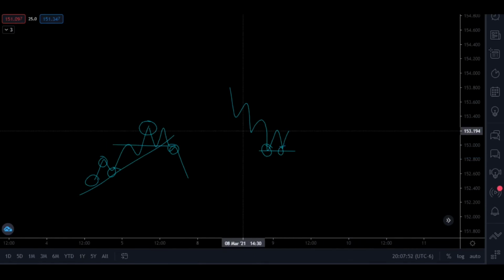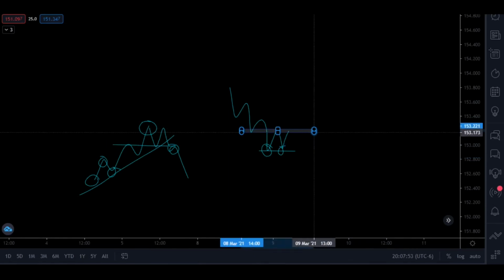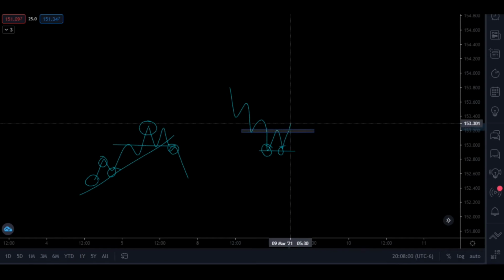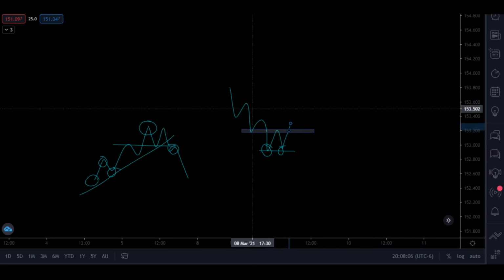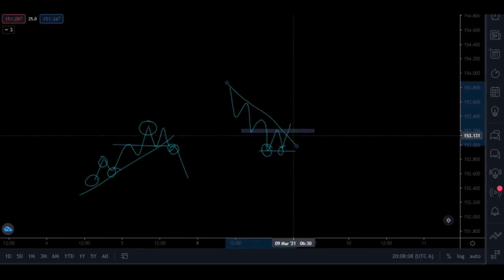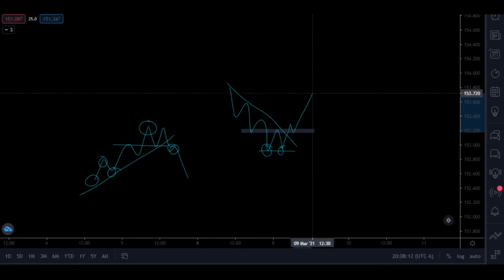And what you will need is to identify the neckline, and you will just need to wait for price to break that neckline, the previous high, and then you will see a break of structure, price retesting. That will be your confirmation, and enter.